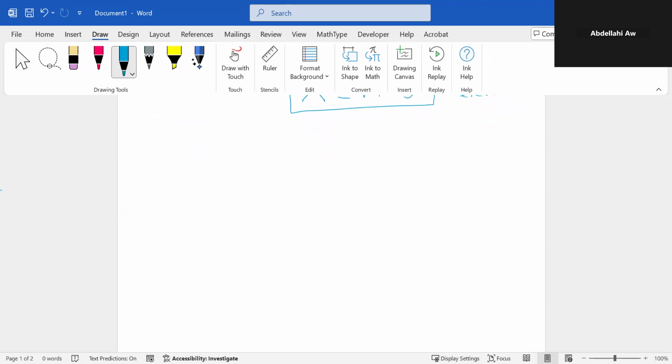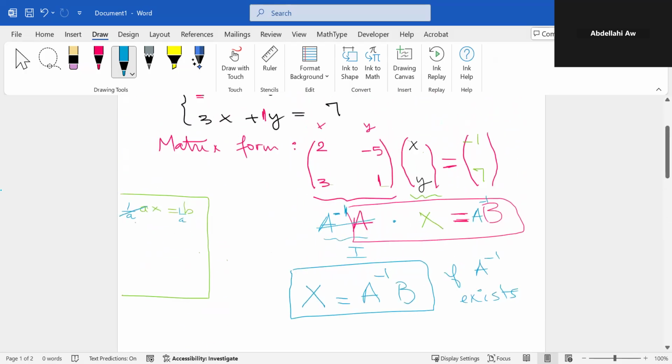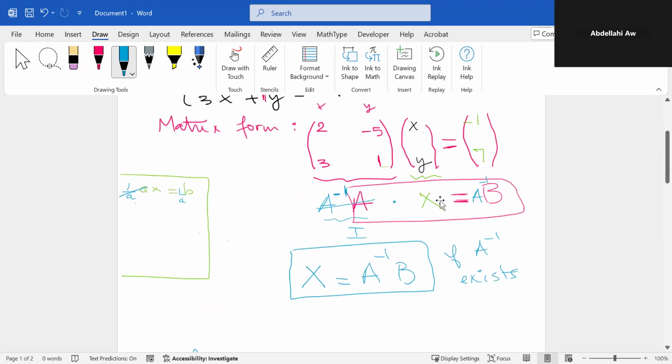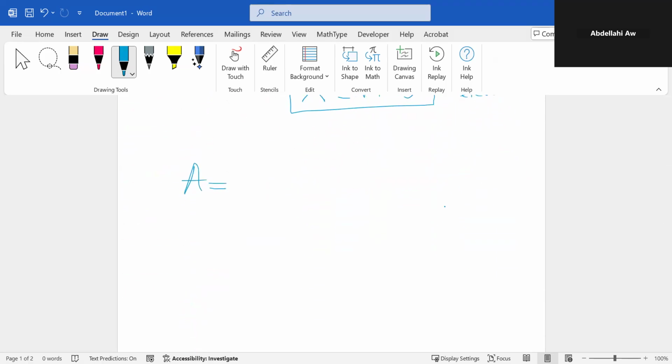So A is 2, -5, 3, 1. I posted yesterday a video on how to find the inverse. So we know the formula by now. I hope you guys know the formula. So this place is A, this place B, this place C, this place D, right?